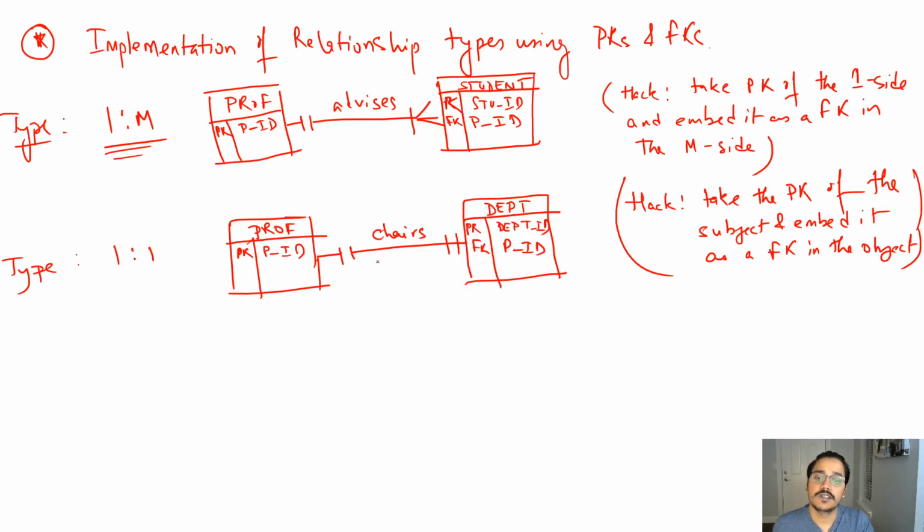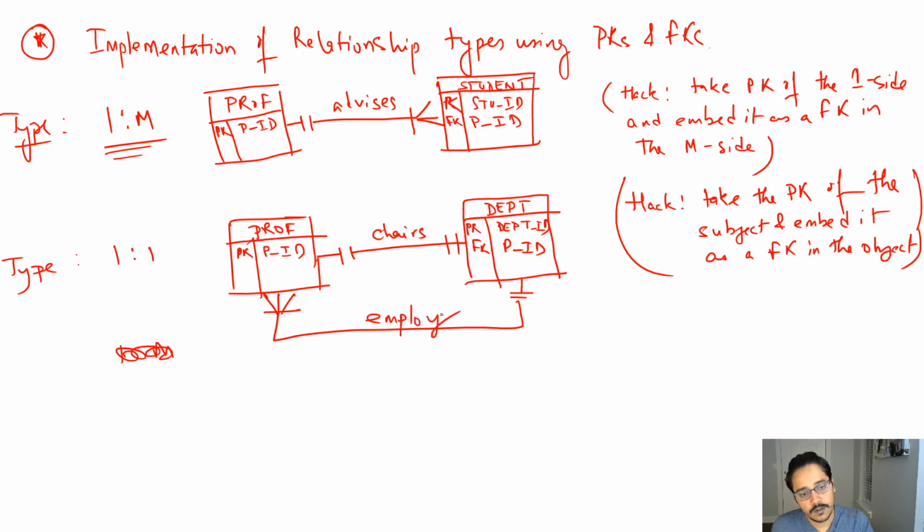However, if this nature changes, okay, so now if this state changes and this becomes, from here, we do department, employees, professors, okay. So now you see, given the nature of the relationship context, the driver changed. The driver of the relationship changed.